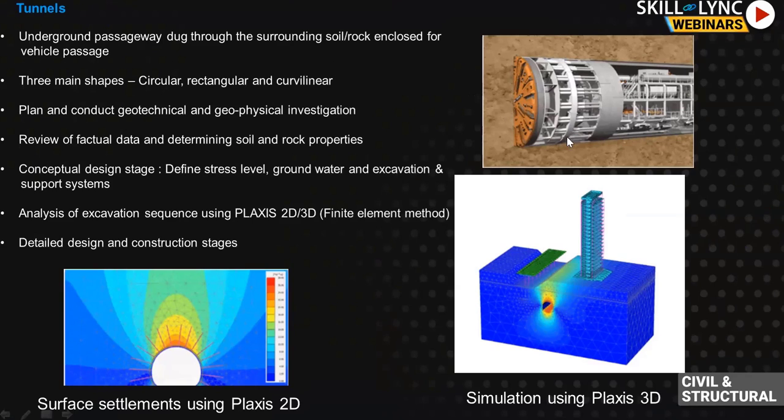So when you have to start your tunneling activity, as I said, you have to start with your geotechnical investigation. You will have to extract your soil and rock parameters. You have to do your soil testing and rock testing. Then you come to your analysis and design stage. You have to do it in sequence.